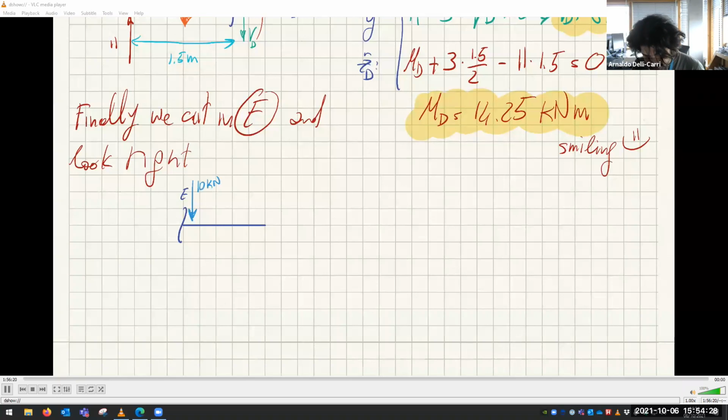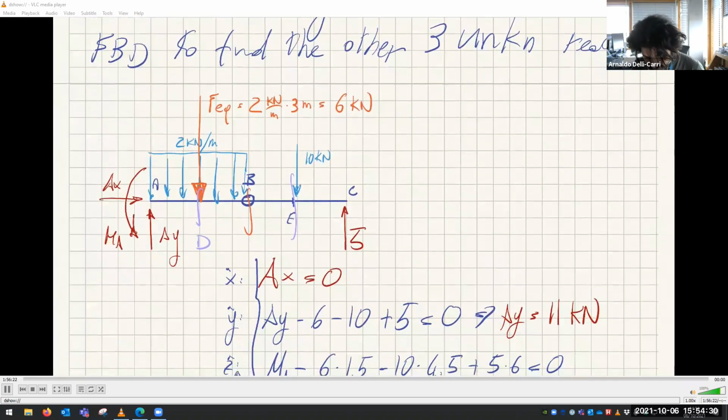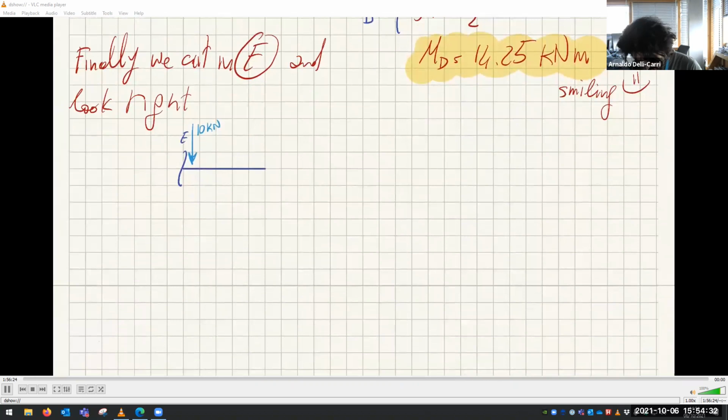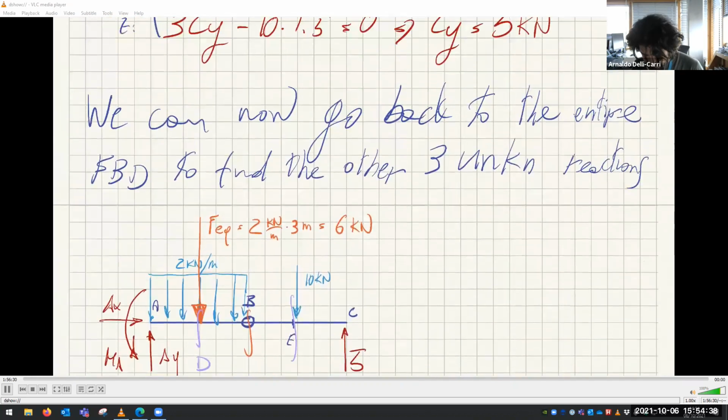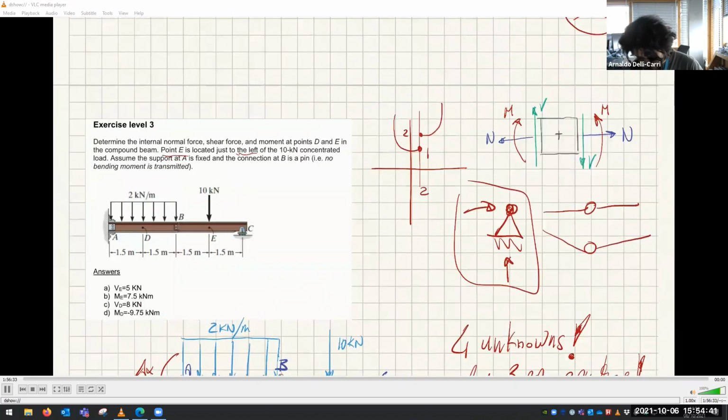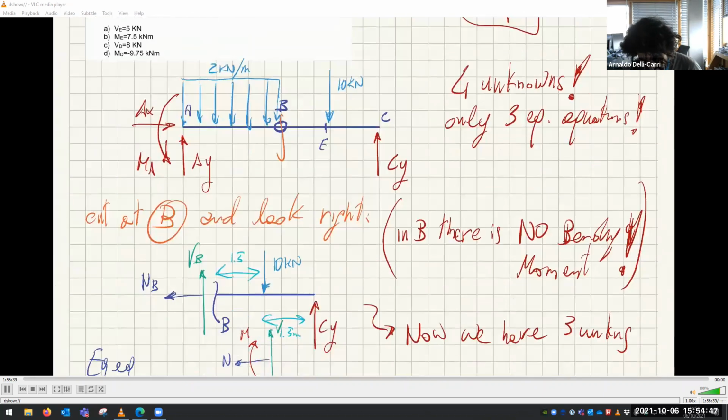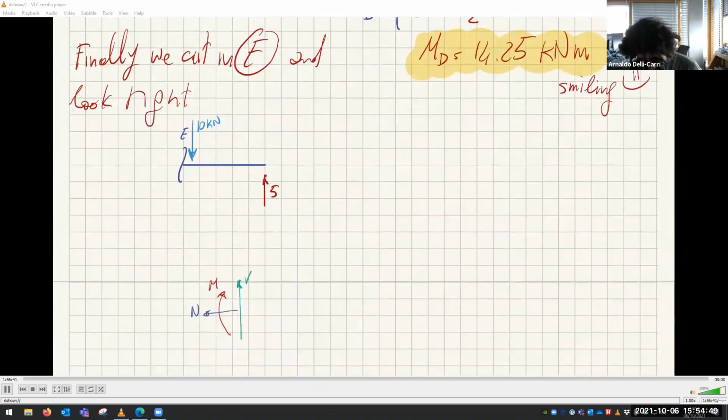And then, what do we have on the right? Also the 5 kilonewton of CY. This is 5. And finally, we need to draw the internal forces, which since I'm looking right, I must use these ones. There you go.